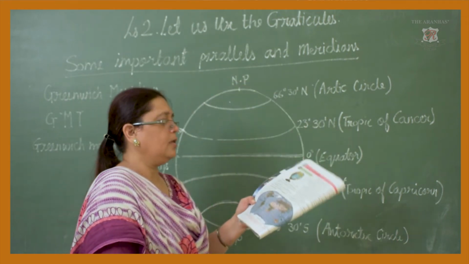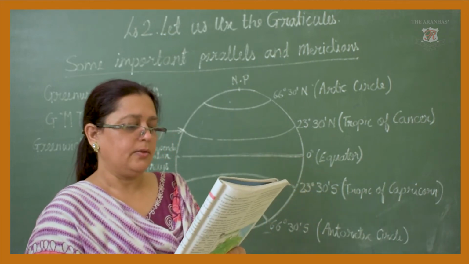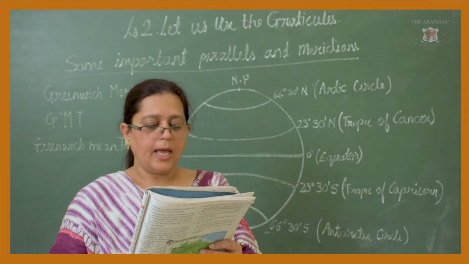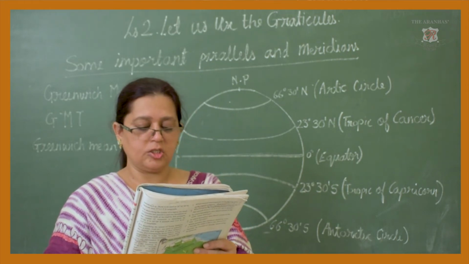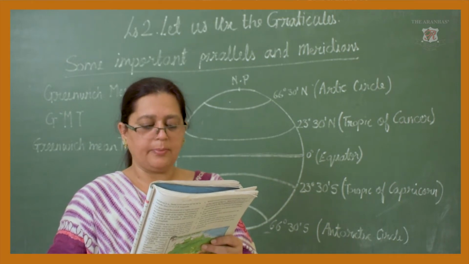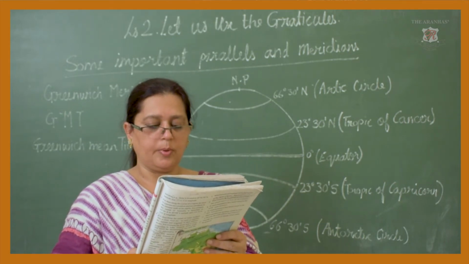Yes. Now, we'll proceed further with the third question. Encircle the intersection of 0 degrees meridian and 0 degree parallel of the globe.